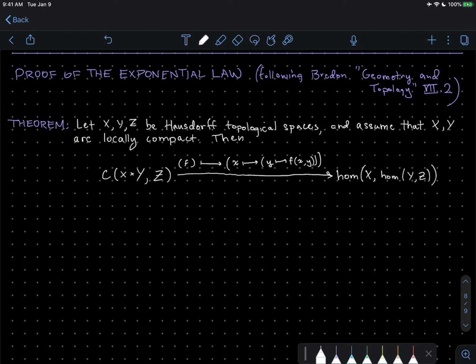There are two claims. The first claim is that actually this lands in the set of continuous functions from X into continuous functions from Y into Z. So this is a subset, and there's an inclusion here. So the first claim is that this diagram actually commutes. And the second claim is that this map is in fact a homeomorphism.